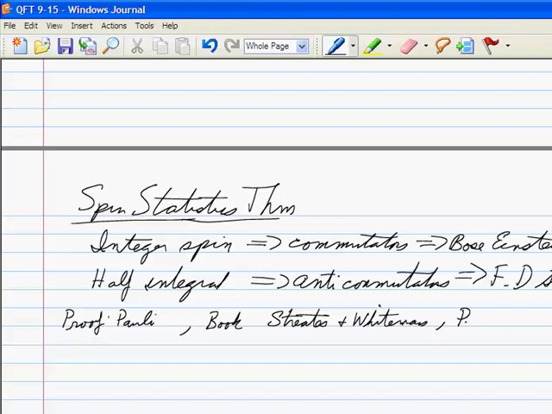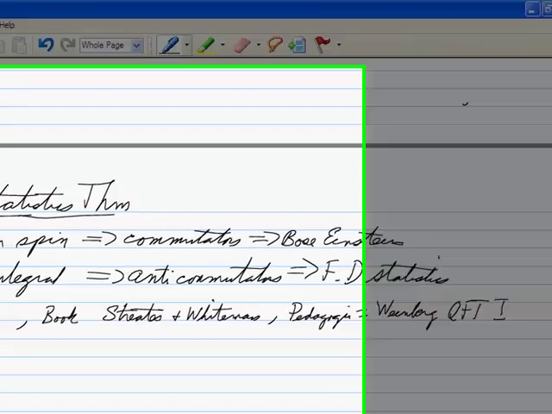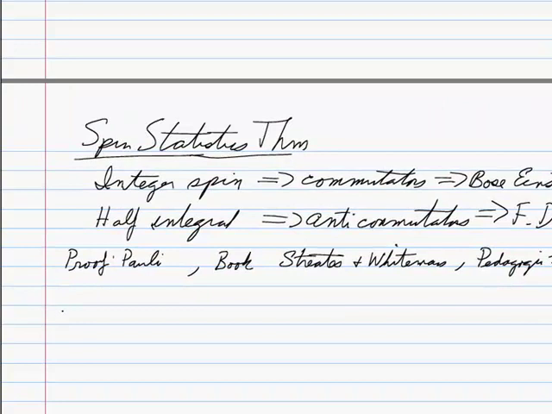The best pedagogic one that I know about is Weinberg's Quantum Field Theory, book number 1. So if you want to read it, try it there. I have not paid that much attention to it, but I do want to say what the ingredients are.